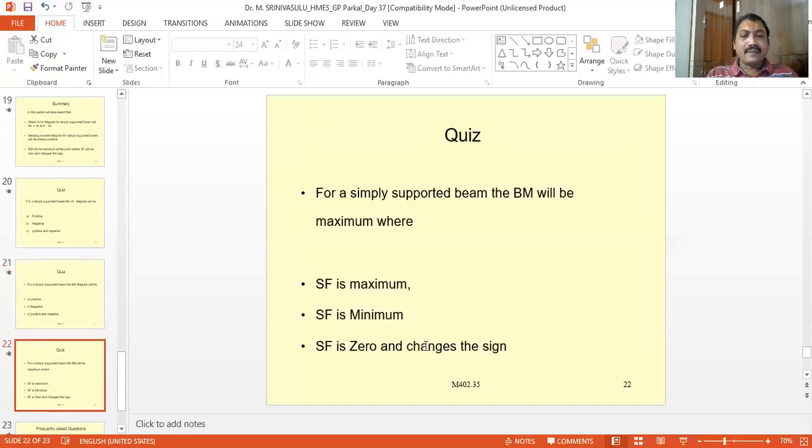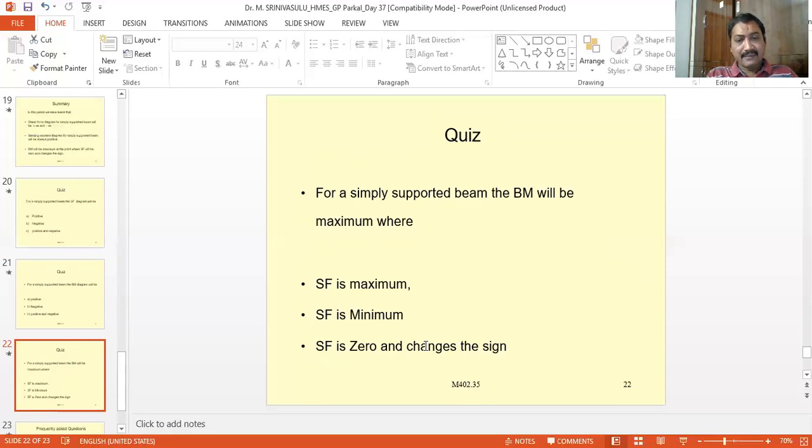And for a simply supported beam, the bending moment will be maximum where: option A the shear force is maximum, option B the shear force is minimum, option C the shear force is 0 and changes sign.